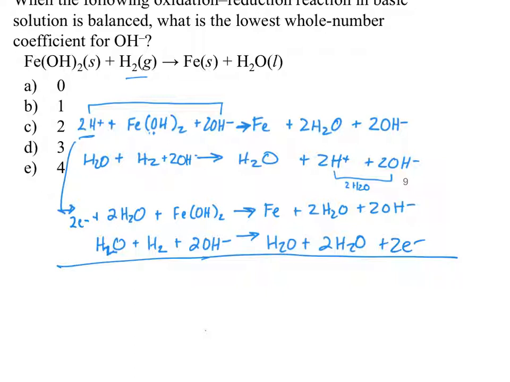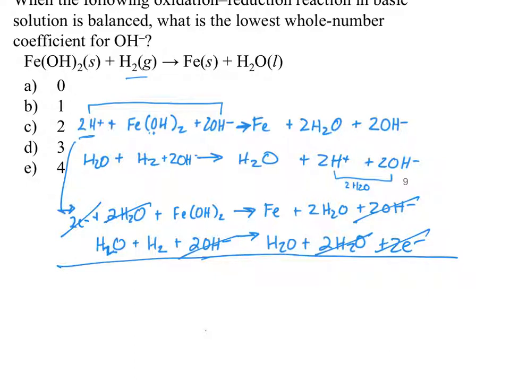So let's start canceling things out. We'll start with those electrons. Those are going to go away. We're going to have the 2 water and the 2 water. We're going to have 2 hydroxide, 2 hydroxide.